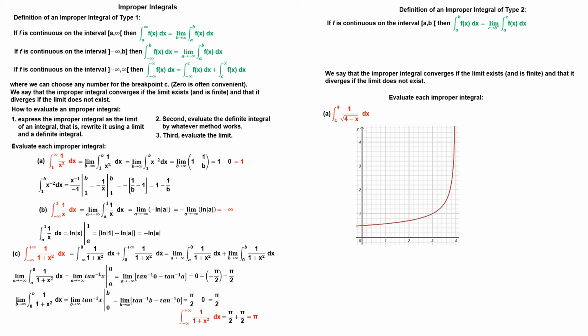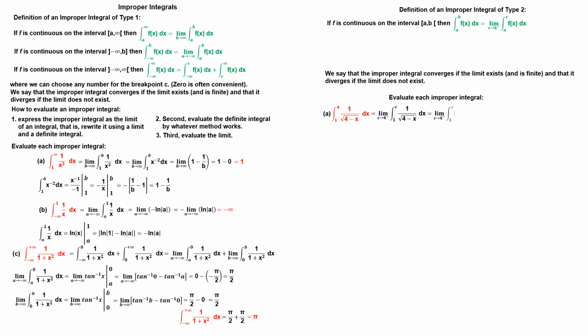The presence of this discontinuity at the upper limit of integration forces you to evaluate this one as an improper integral. The problem point is the upper limit, so we are in the first case above. From this point, improper integrals of type 2 are solved in the same way as we did improper integrals of type 1. We follow the three-step process. Pay attention.